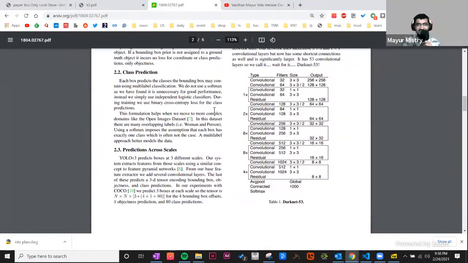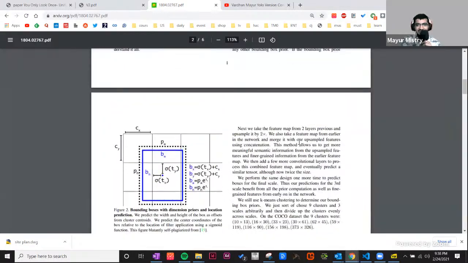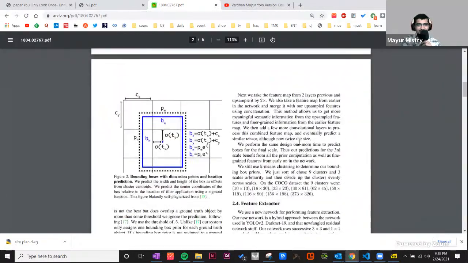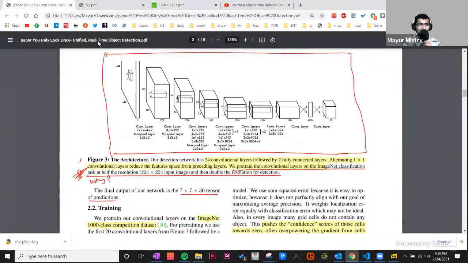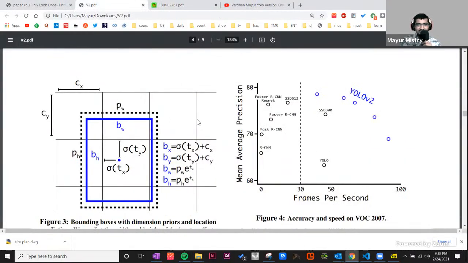So this was able to do 50 frames per second, and it has 53 layers. And YOLO V1 was doing 45 frames per second, and it had 24 layers. I wonder why that is faster, even if the network is deeper.